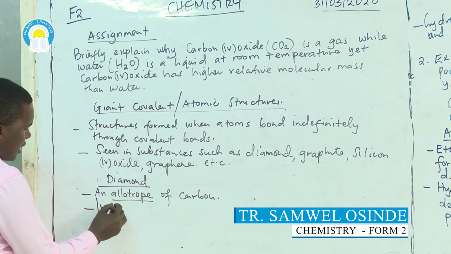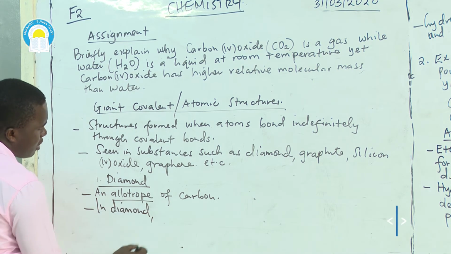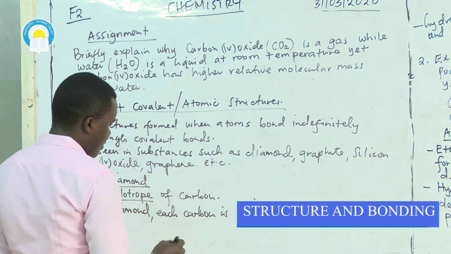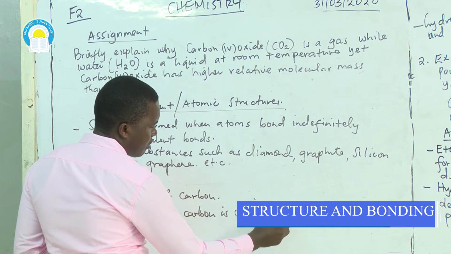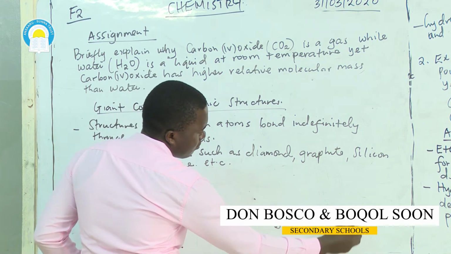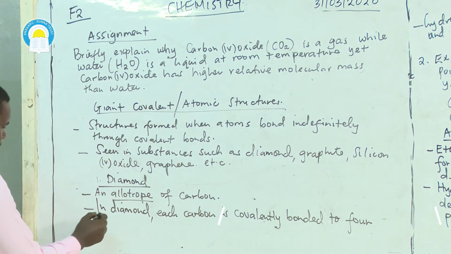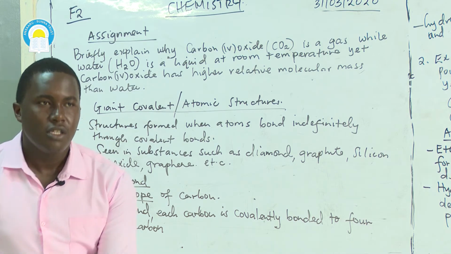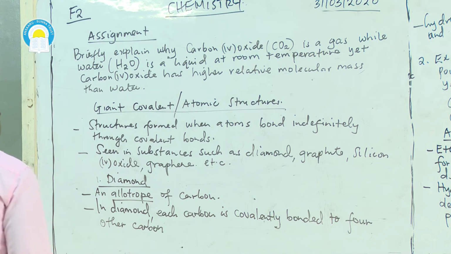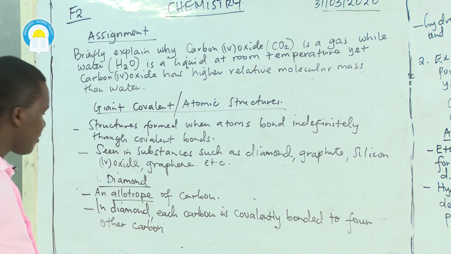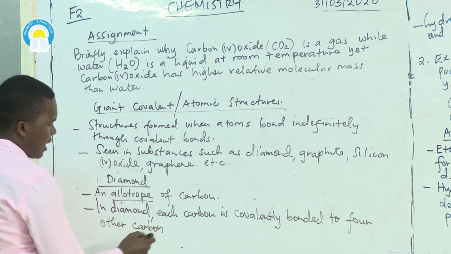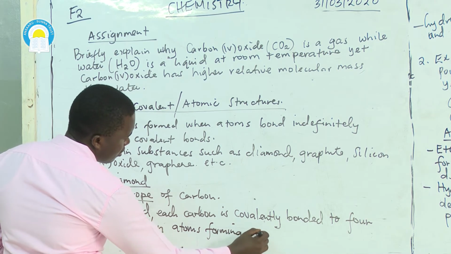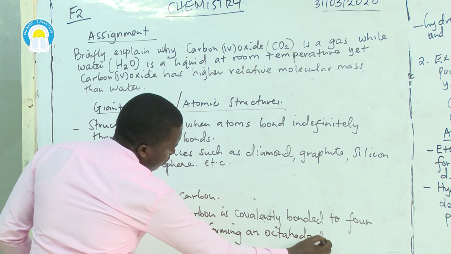So in diamond, each carbon is covalently bonded to 4 other carbon atoms, because carbon can form 4 different bonds, forming an octahedral structure.